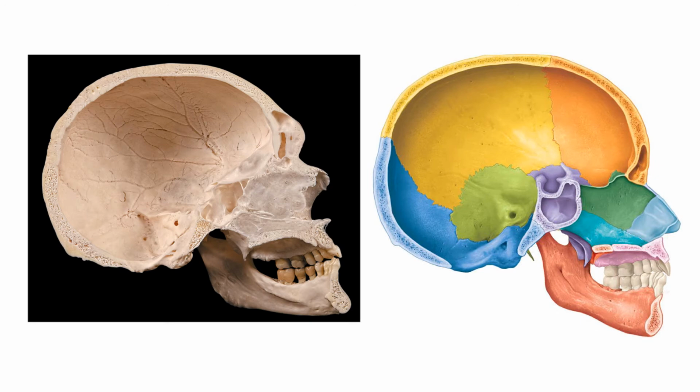Now in the internal view of the skull, we can see the internal opening of the external auditory canal. I'm just showing you that we could potentially identify it from the inside of the skull as well.